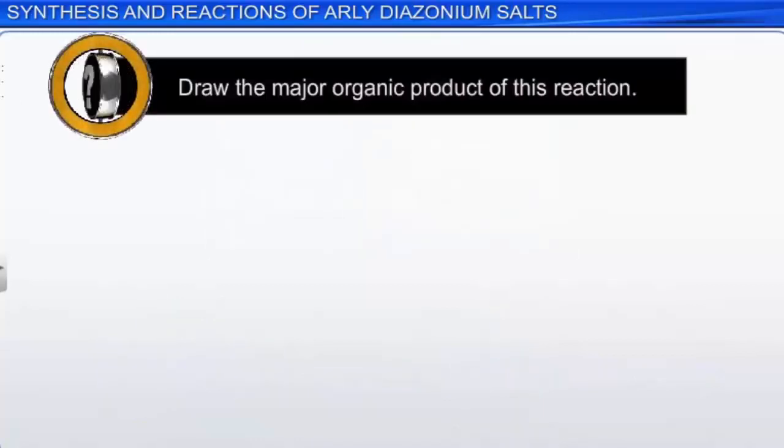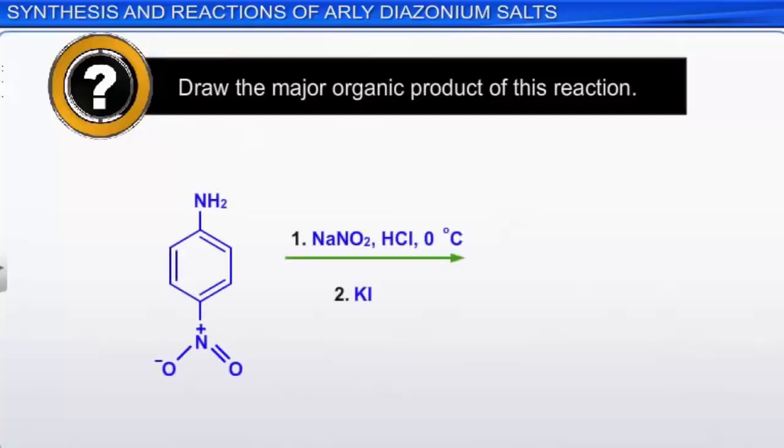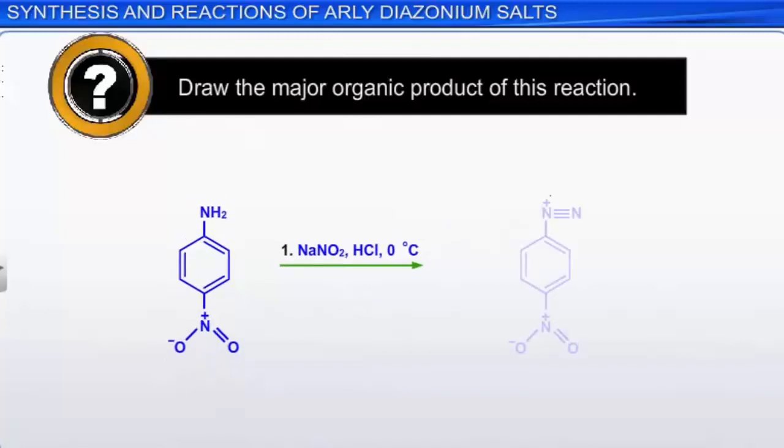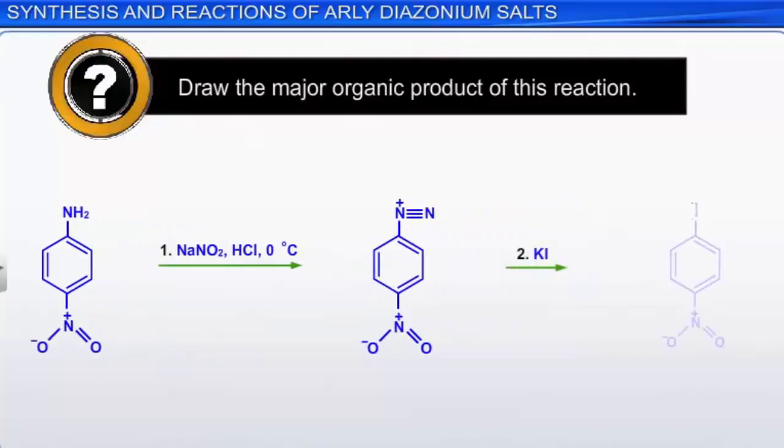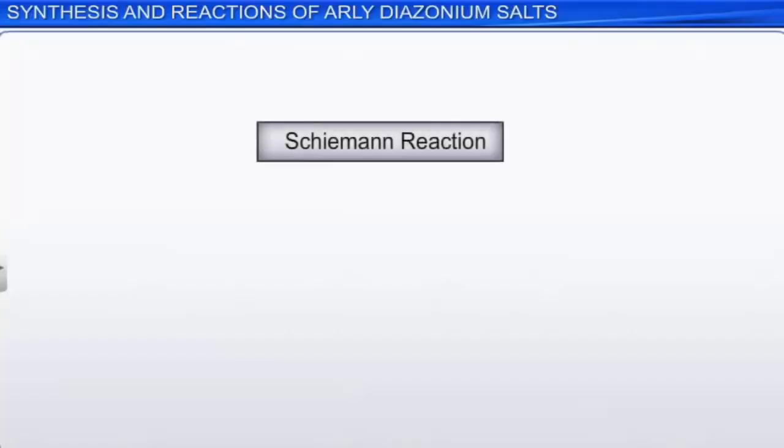You should recognize the steps involved. Step 1 produces an aryl diazonium ion. In step 2, treatment with potassium iodide replaces the diazonium ion with iodine. The Schiemann reaction is a method for making aryl fluorides.